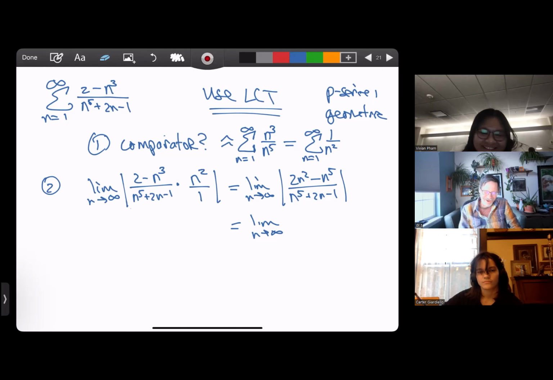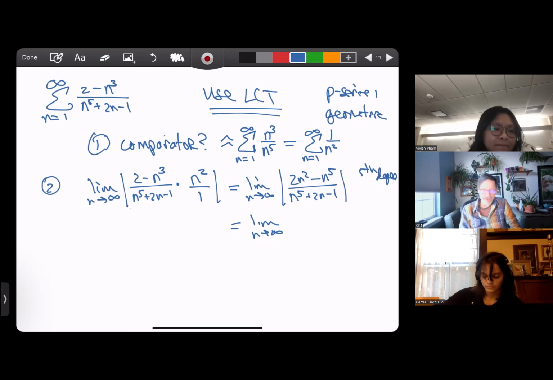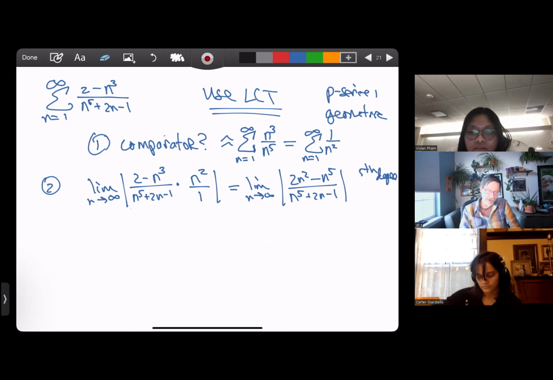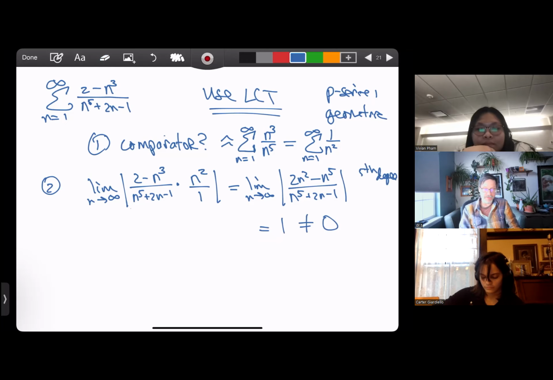You notice the top things, they're both fifth degree polynomials, right? So it's going to be that negative 1 leading coefficient over the 1, and then catching the absolute value, we get a nice old 1. That's not equal to 0. So these two series act the same. Solid. So they both converge.